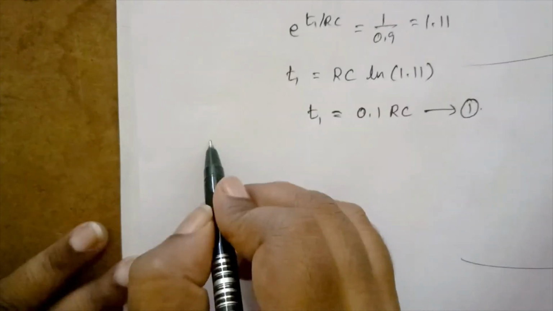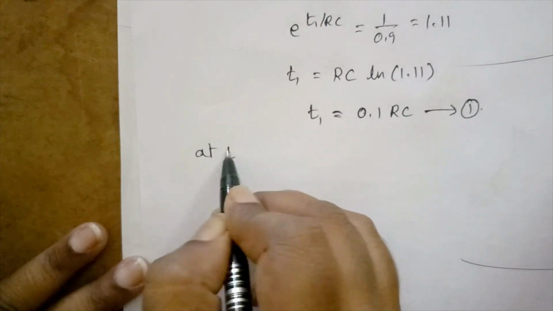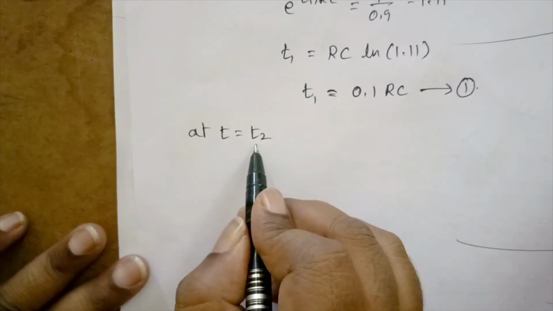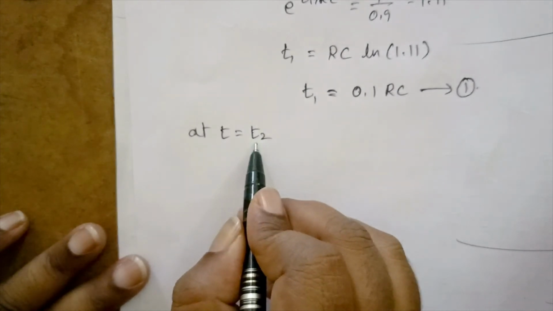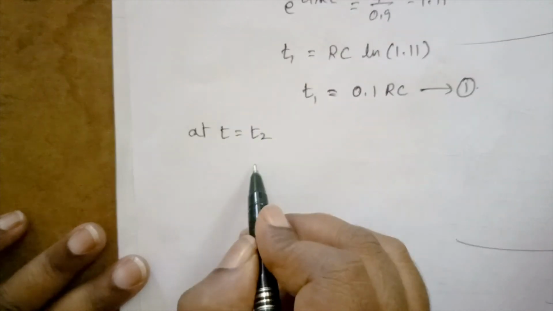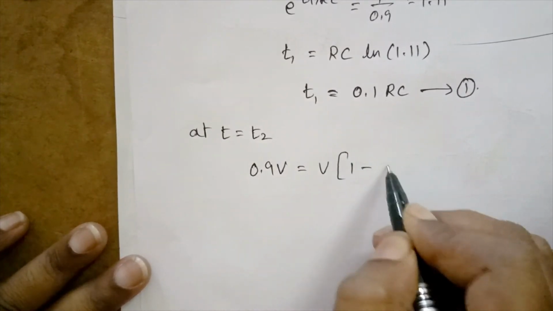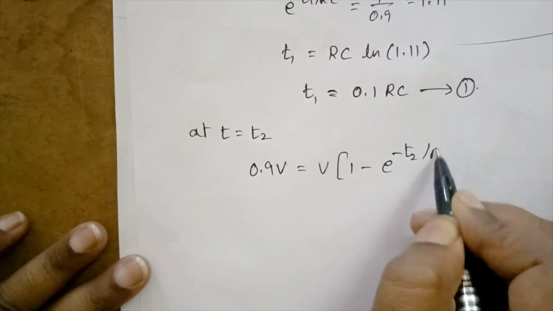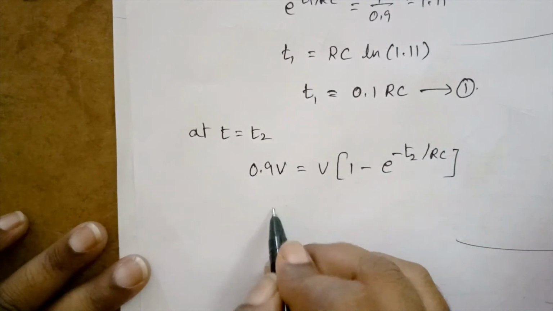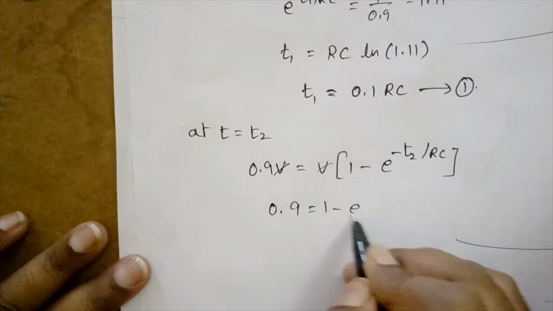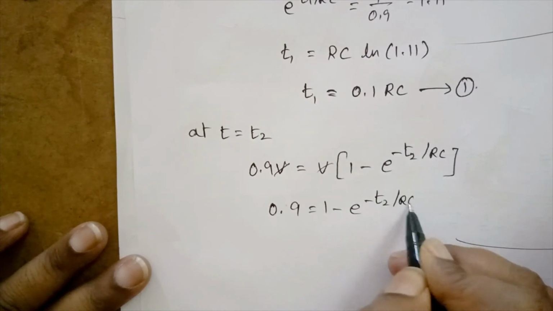Okay, now in the same way derive the expression at t equal to T2. At t equal to T2, what is the final value? It means 90% of its final value, that is 0.9 V, is equal to V into 1 minus e power minus T2 by RC. So what are we getting? V and V get cancelled. So 0.9 is equal to 1 minus e power minus T2 by RC.